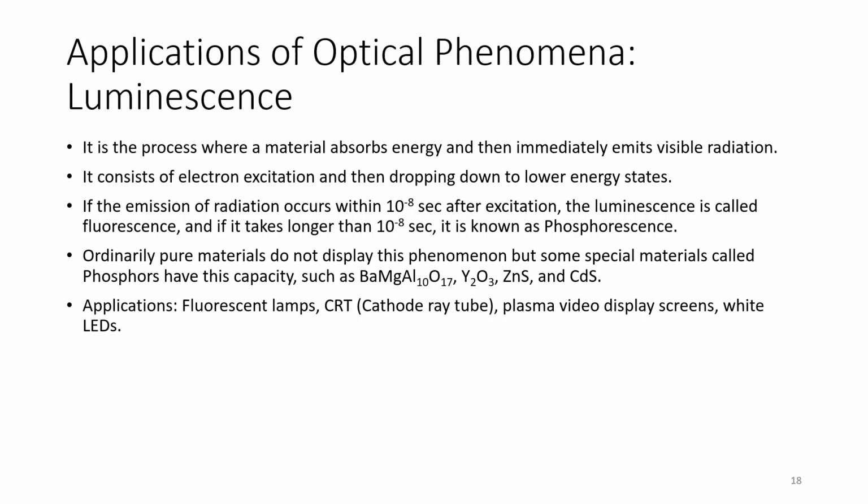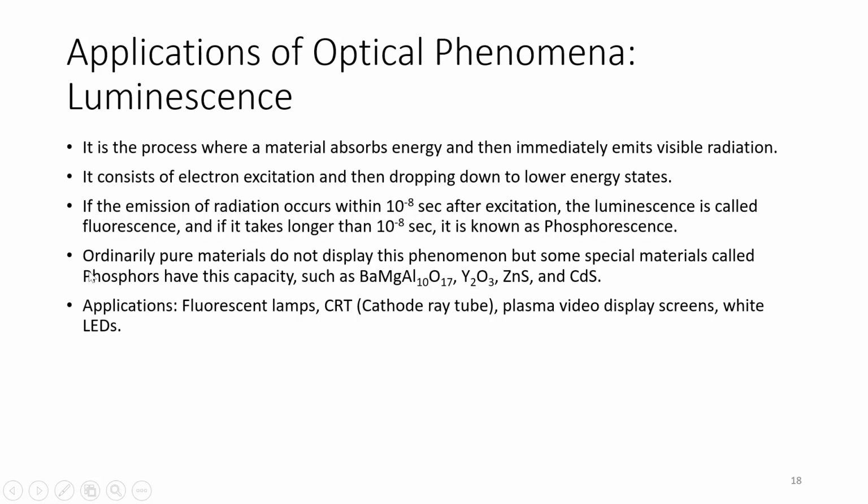If the emission of radiation occurs within 10 to the power minus 8 seconds after excitation, the luminescence is called fluorescence, and if it takes longer than 10 to the power minus 8 seconds, it is known as phosphorescence.